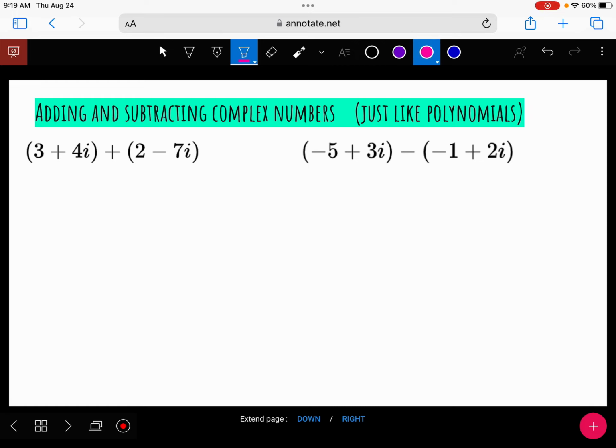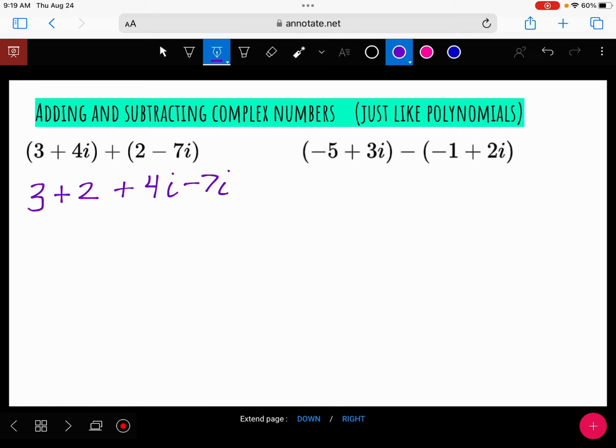If I'm adding these together, it doesn't matter what order we add things in. 3 plus 2 plus 4i minus 7i. I can move things around if it helps us see what's going on. It does not matter. Combine like terms.